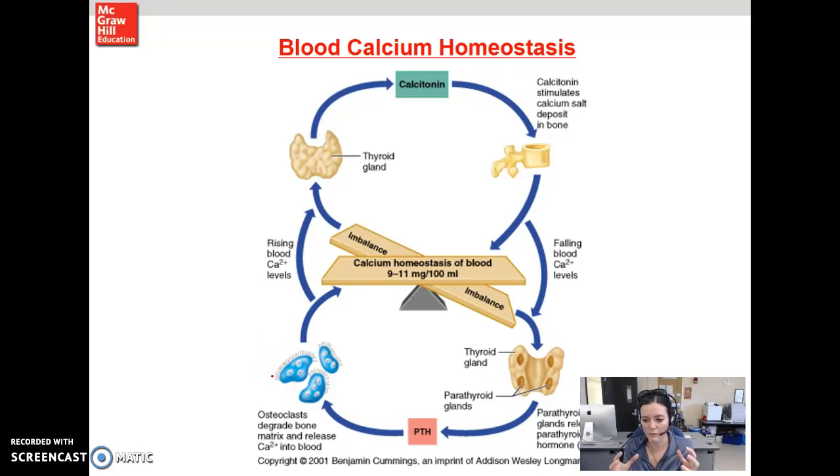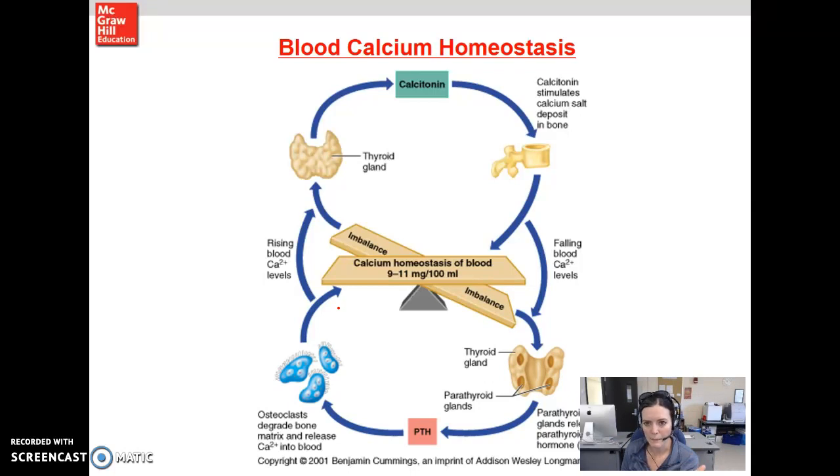They're going to liquefy it in a sense, and release all of the calcium from the crystals so that it can be absorbed into the bloodstream. So parathyroid hormone will activate osteoclasts, which will dissolve the bone matrix and release calcium into the bloodstream, which increases blood calcium levels.